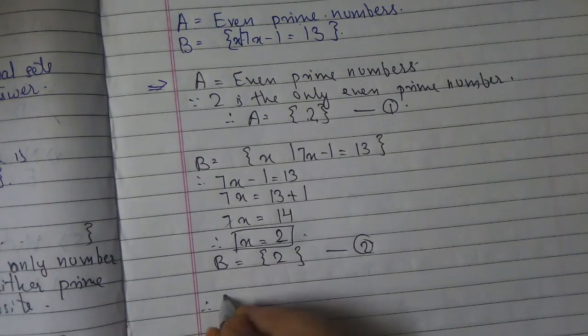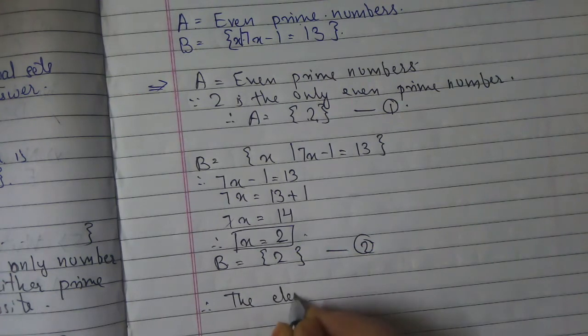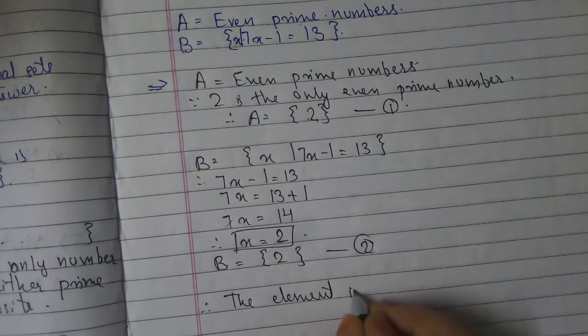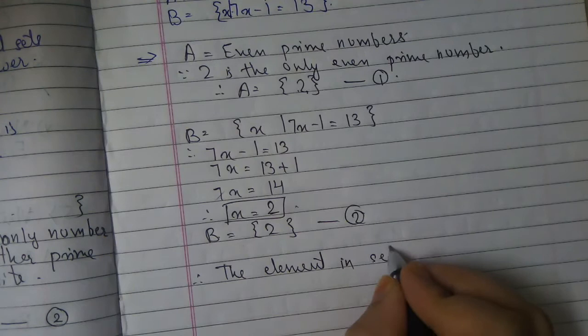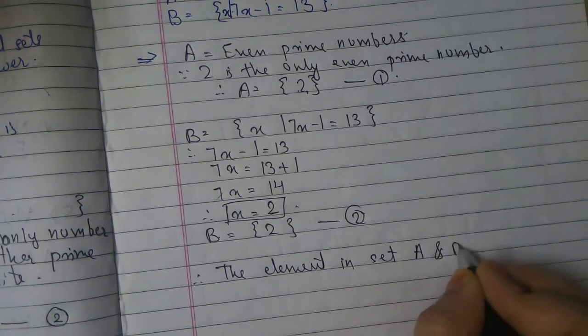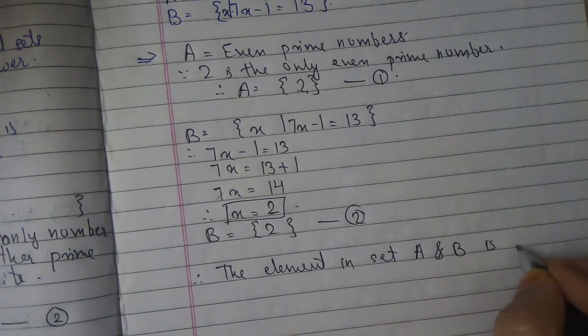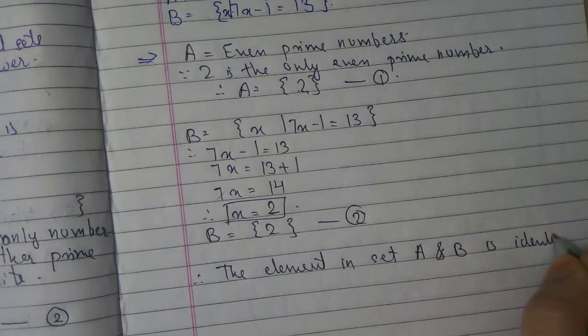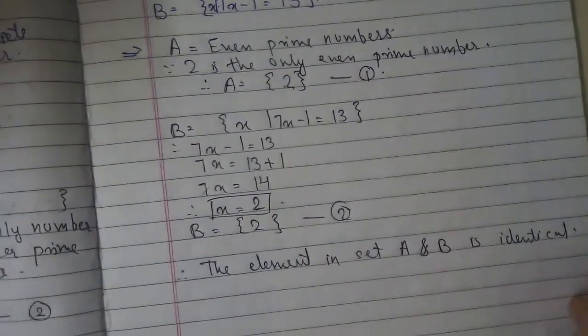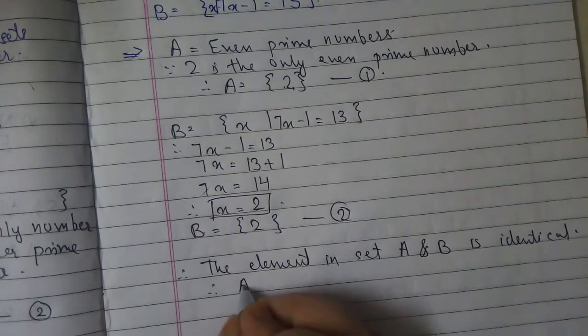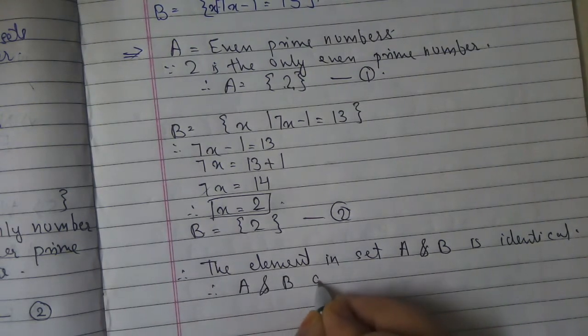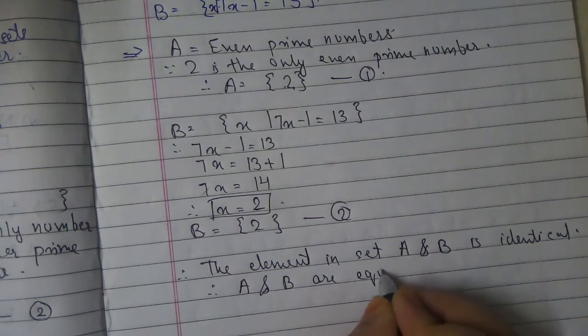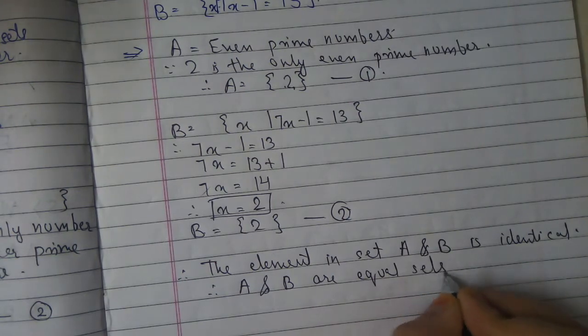Therefore here we can write the reason: the elements in sets A and B are identical, so A and B are equal sets.